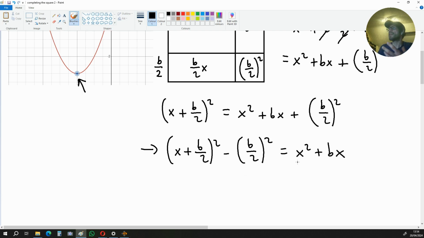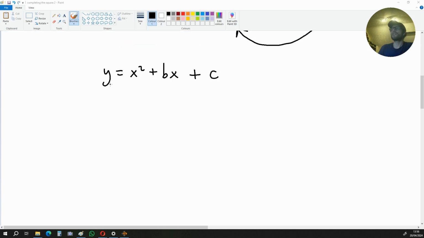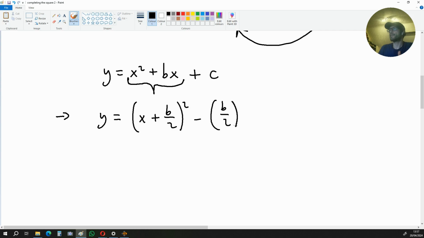We are going to use this transformation to get the turning point of this curve. So the equation of the curve is y is x squared plus bx plus c, but we can convert this part of the equation. What we get is y is equal to x plus b over 2 squared minus b over 2 squared plus c.